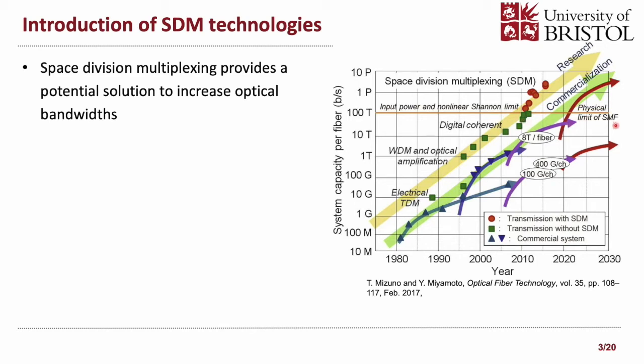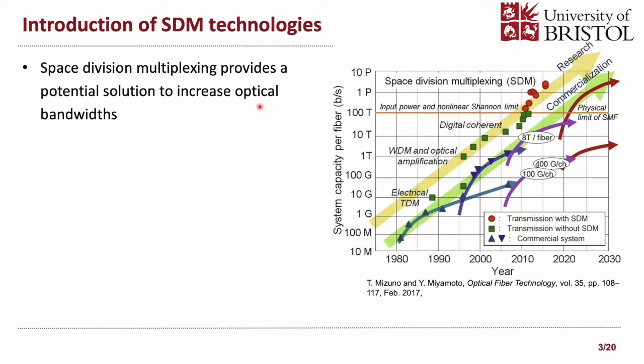And we have noticed that with this development, we are quite close to the physical limit of the single mode fiber. To further increase capacity, we require new technologies. Space division multiplexing technology provides an extra dimension to transfer the information, so it provides a potential solution to further increase optical bandwidth.